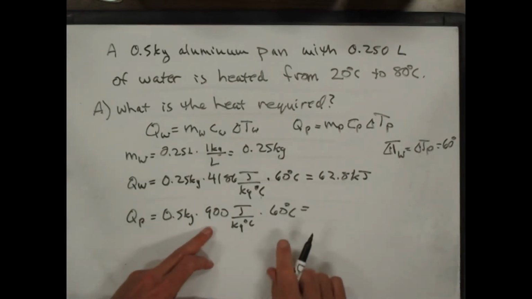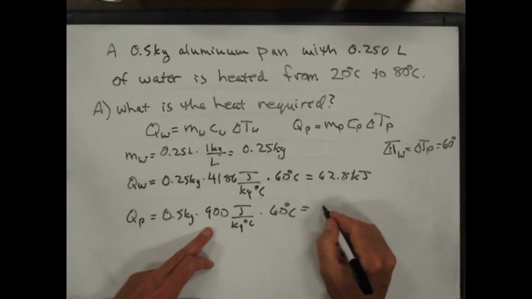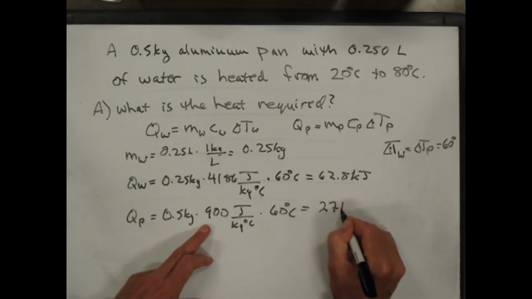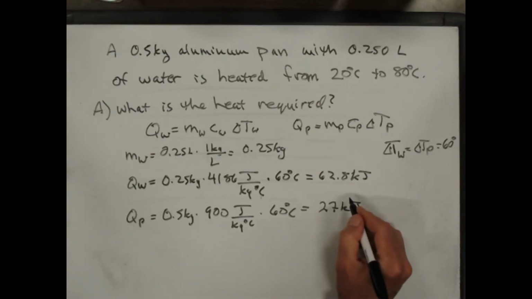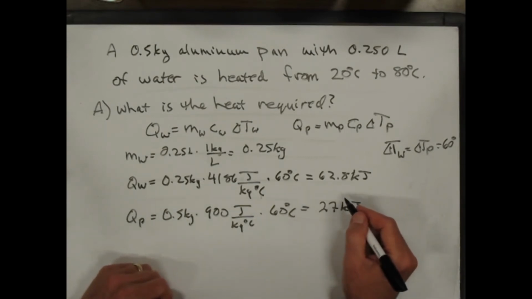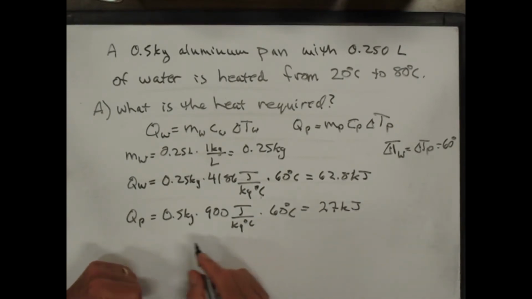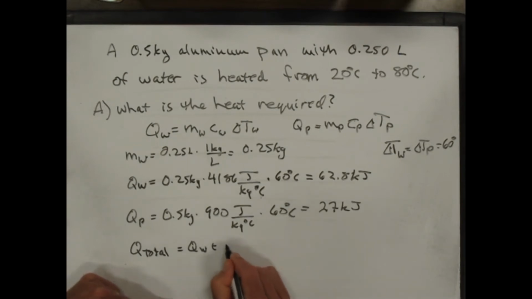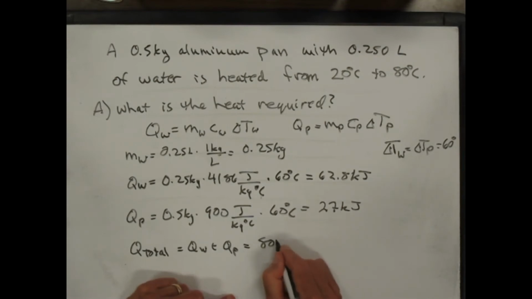And that's 27,000, roughly 27 kilojoules. Right, and so then I could say Q total, the total heat transferred, is equal to Q water plus Q pan, which is approximately 80 kilojoules.